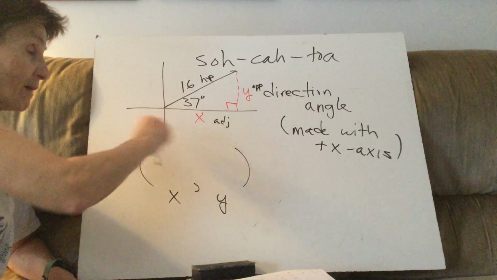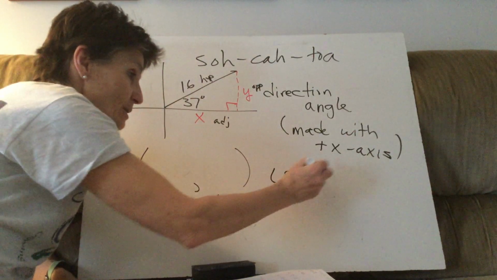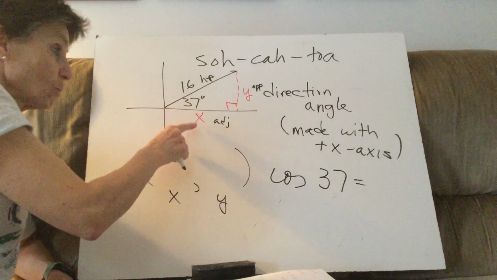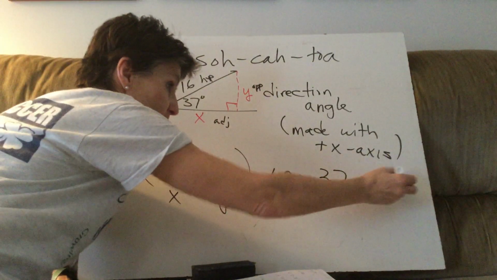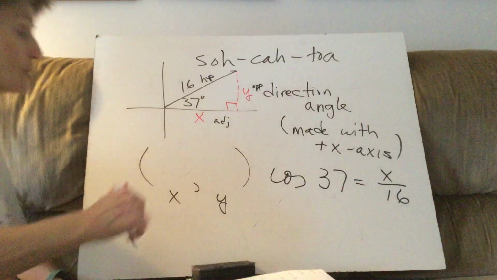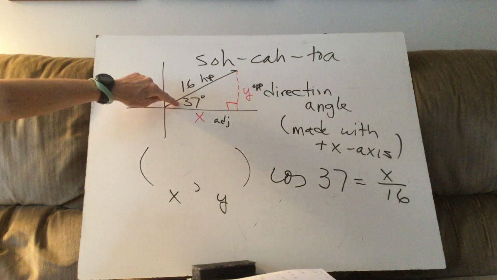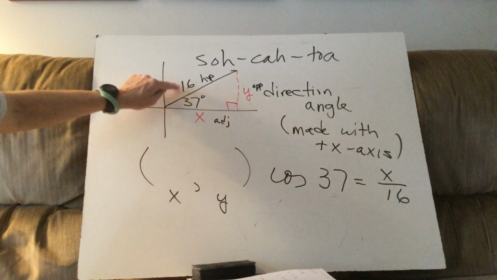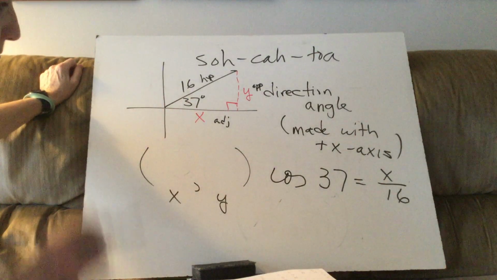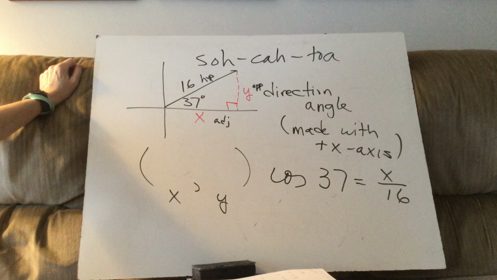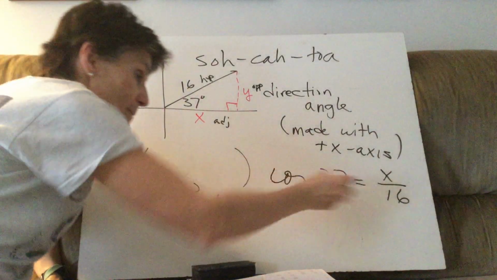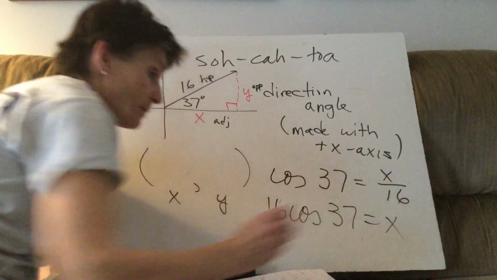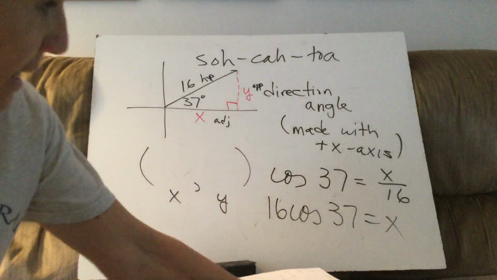So if we're going to find x, we're going to say cosine 37, cosine of the angle, equals adjacent over hypotenuse. So we'll multiply by 16. And that will be our x coordinate.